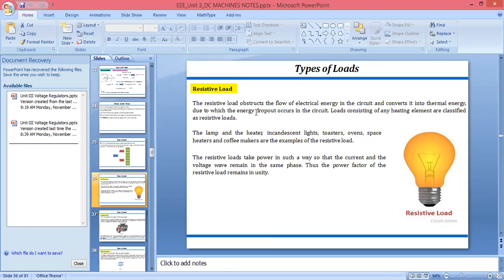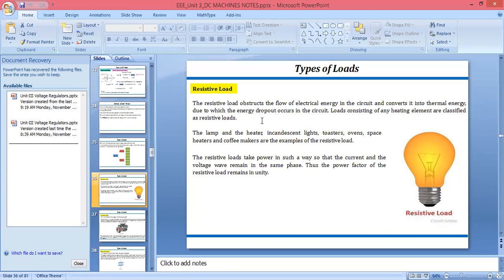It means some potential voltage will get lost as a power loss. So when a resistive load takes electrical energy and converts it into thermal energy, it causes some energy drop.